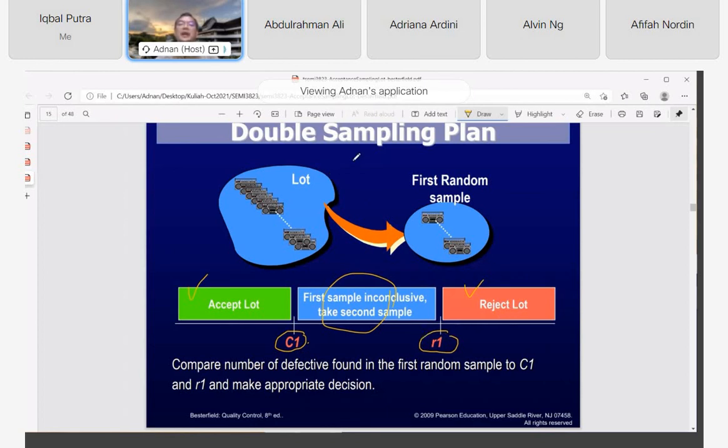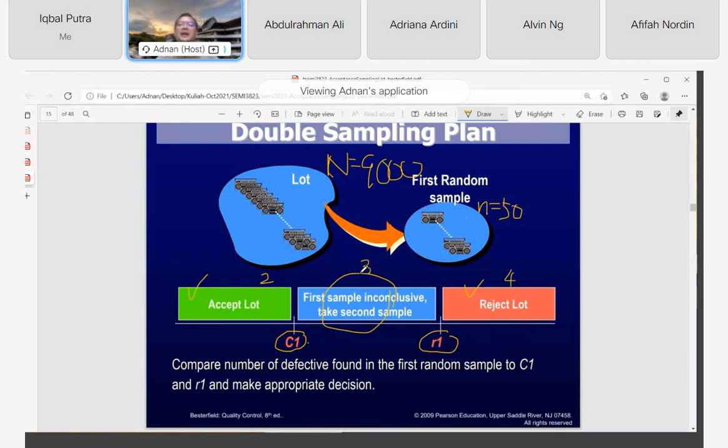For example, you may have a lot size of 9,000. You take a sample of n equal to 50. Maybe your accept number is 2 and your reject number is 4. What happens if you get 3?